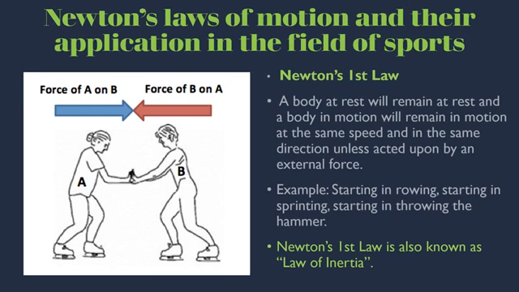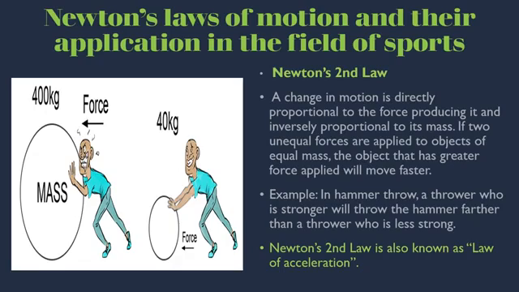If a football is kept on the ground, it will remain on the ground until you kick it or until some external force moves it. If you kick the football, it will be in motion until some external force stops it. So that is the first law of motion. This law is also known as the law of inertia.